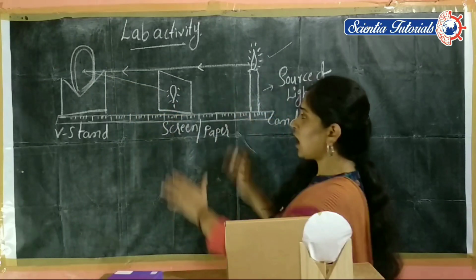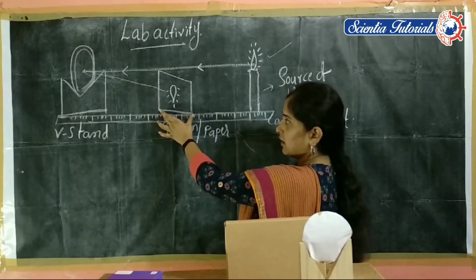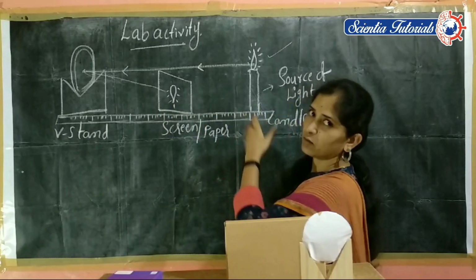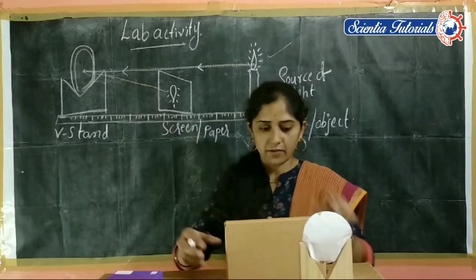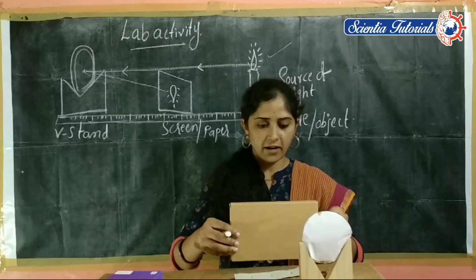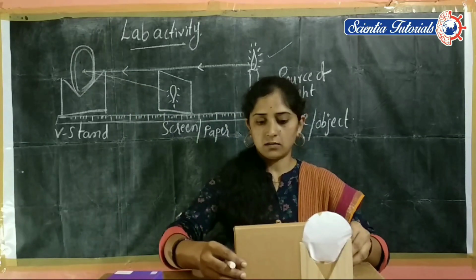We have to arrange this screen when we place the object in one place or different places, moving the screen to the front or back of the source of light.